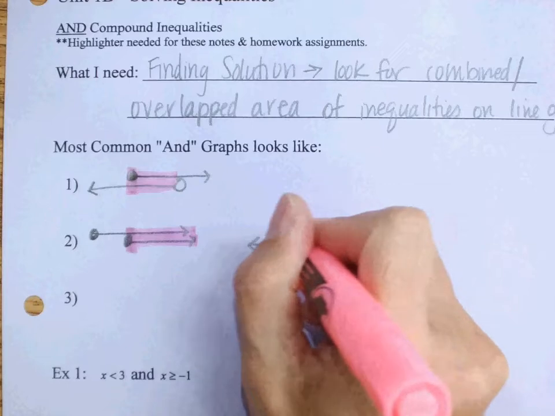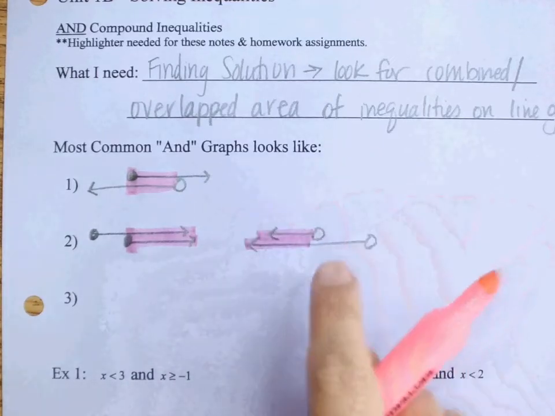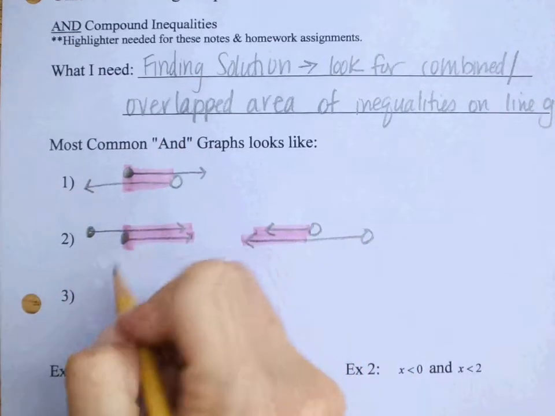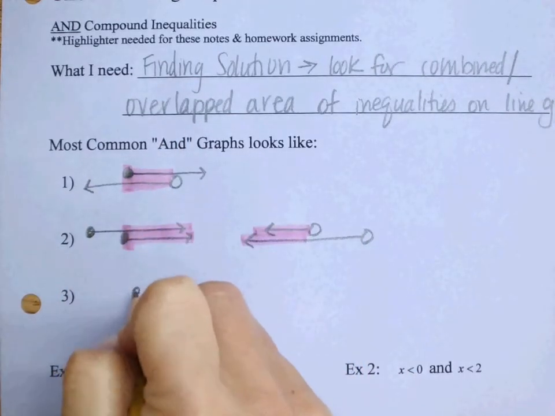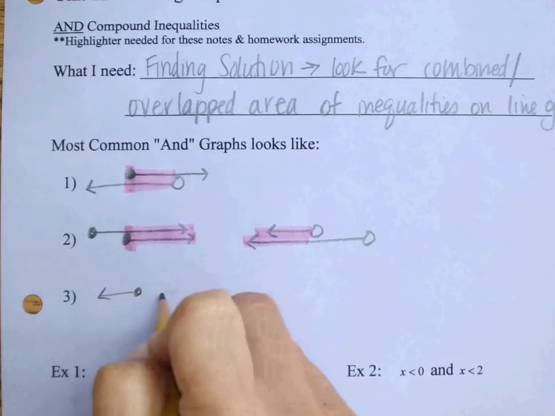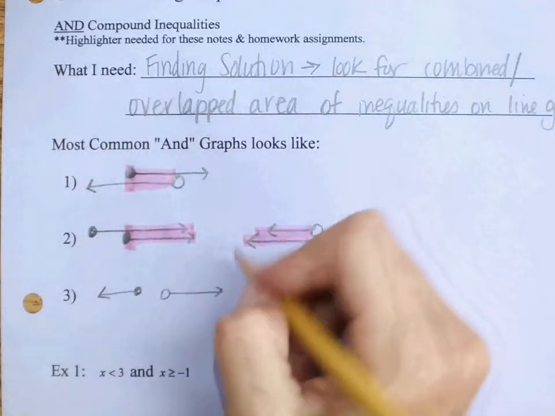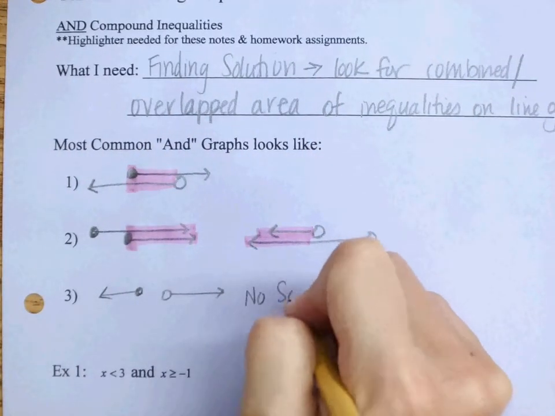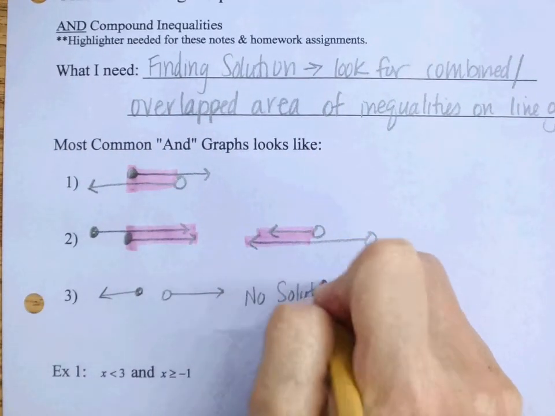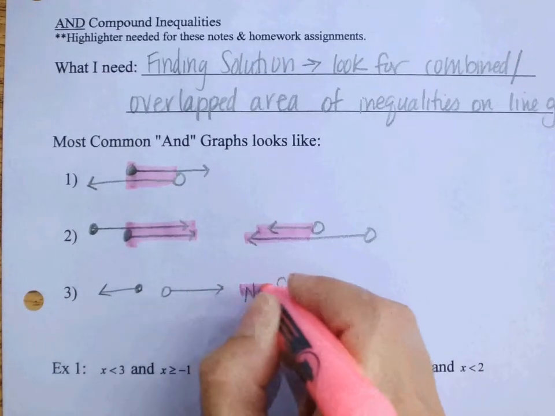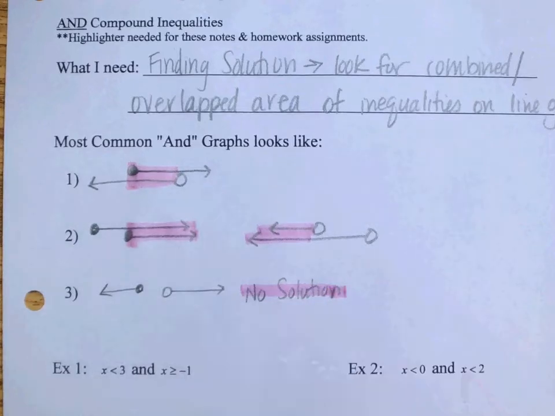On the other one, it will not include the open circle, because again, the open circle is not part of the solution. And then the last one that we have will be a no solution. That's where the arrows don't overlap at all. They actually go in opposite directions, and we'll be writing down no solution, and then highlighting that part is our answer.